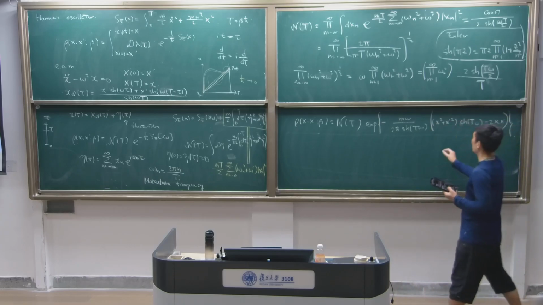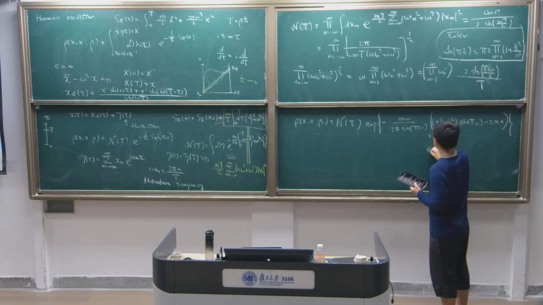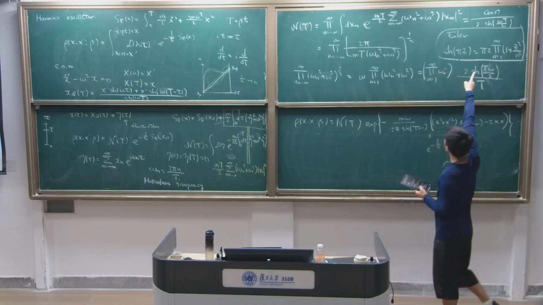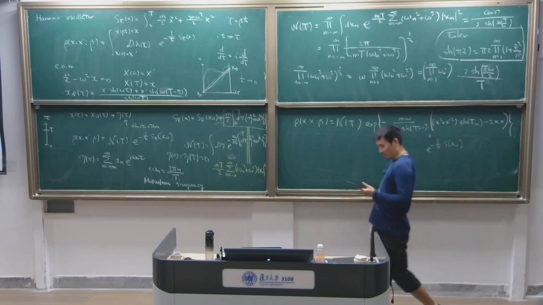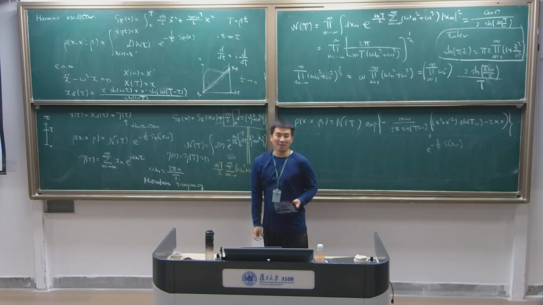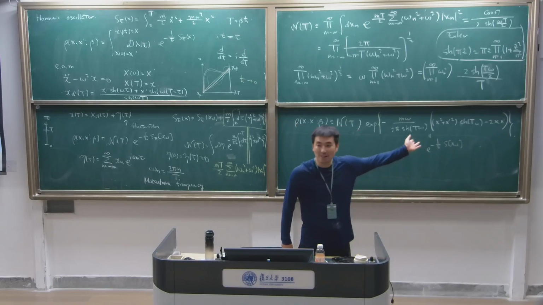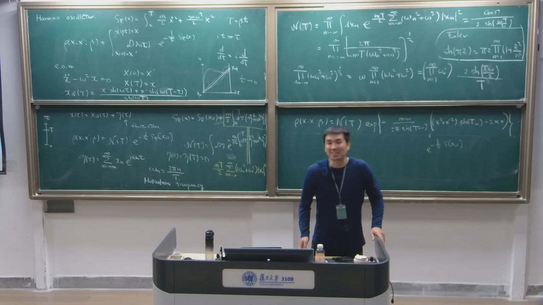Like this. So this is classical, this is e to the minus 1 over h bar S of x classical. And the N of t is, I thought this one, but my lecture notes has a different one. I'll explain why there's this gap between my derivation on the blackboard and the lecture notes after the break.